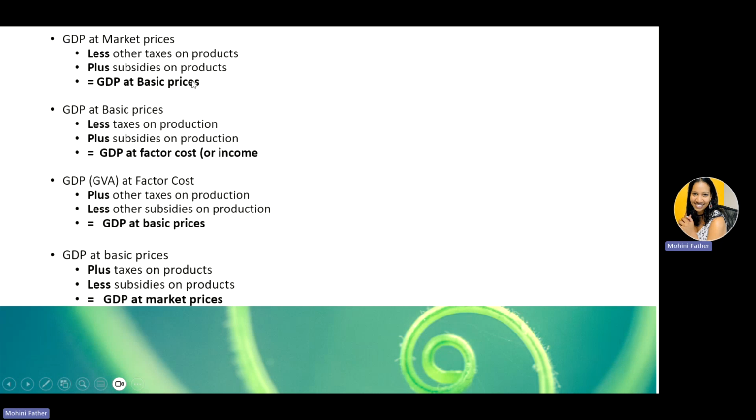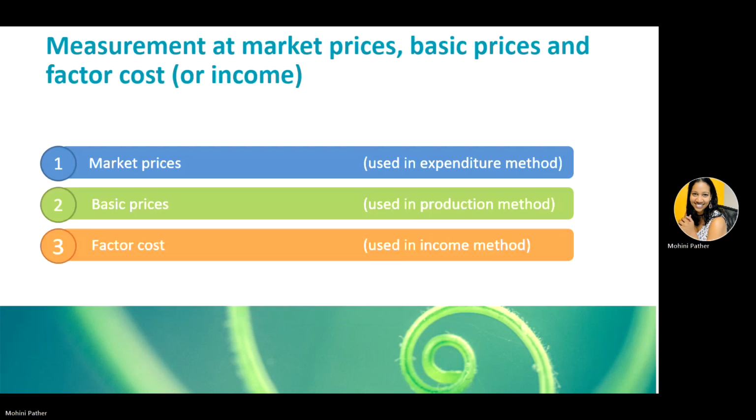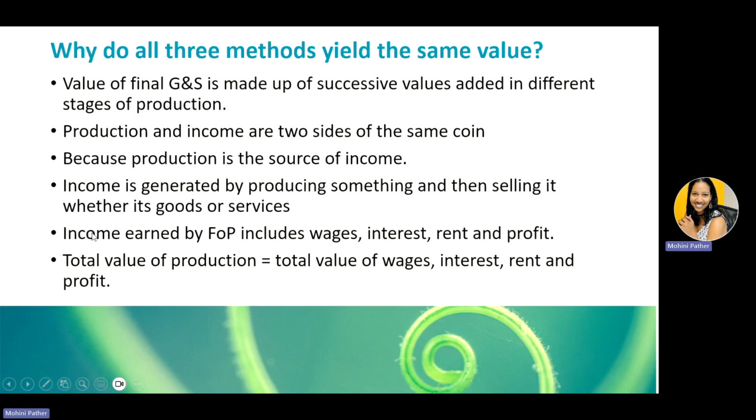If you're getting a bit confused about those terms, the expenditure method is also GDP calculated at market prices, the production method is basic prices, and then of course, income is based on your factor costs.